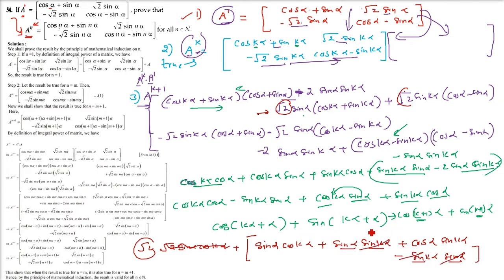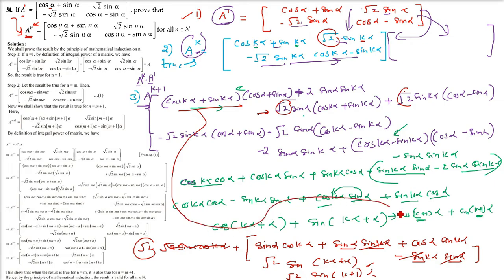What do you get? This is cos A sin B plus sin A cos B. And what was that? You can say sin A cos B plus cos A sin B. It is sin A plus B. So sin k alpha plus alpha, sin k plus 1 alpha. Root 2 is already there. So what do you get? Root 2 sin k alpha, we assume it to be true. Now we got root 2 sin k plus 1 alpha.